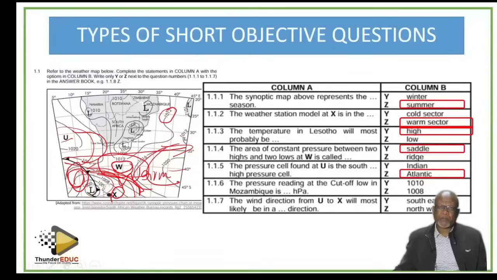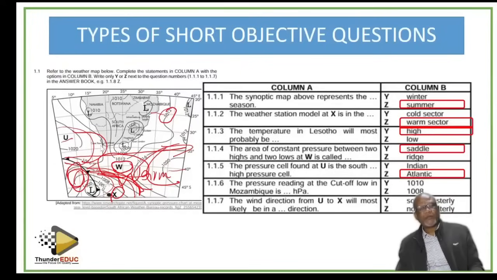It is a line that joins places with the same atmospheric pressure. So the difference between one isobar and another is 4 millibars. So when you go there, you're going to say 1012 minus 4, then this one is going to become 1008. That's how you get to that 1008.